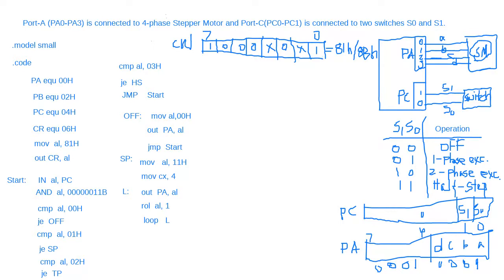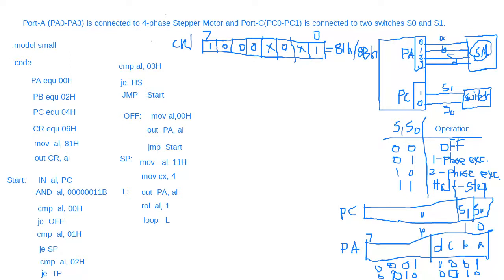So what will happen in the 1-bit rotation? This one is 1, and the others will be 0, and the 0 comes out here. So now B phase is on, and all other bits are 0. Look at ABCD. Then another 1-bit left rotation will make only C phase on.